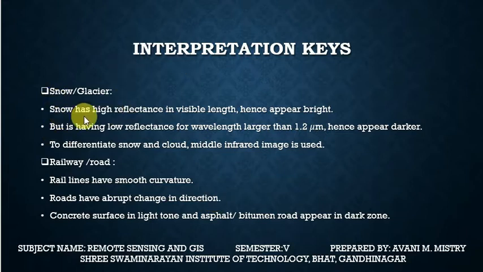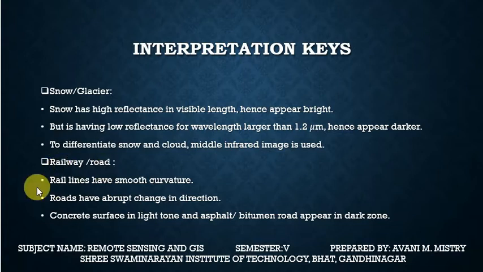Then snow and glacier. Snow has a high reflectance in visible light and hence appears bright, but has low reflectance for wavelengths larger than 1.2 micrometer, hence appears darker. To differentiate snow and cloud, a middle infrared image is used.